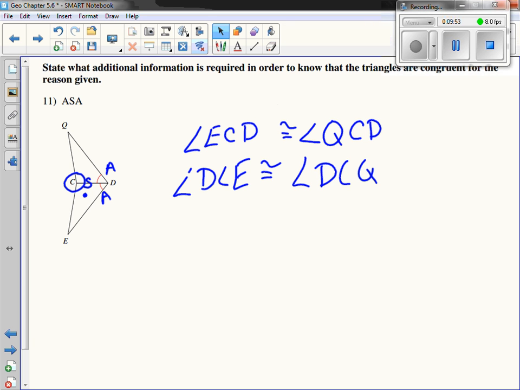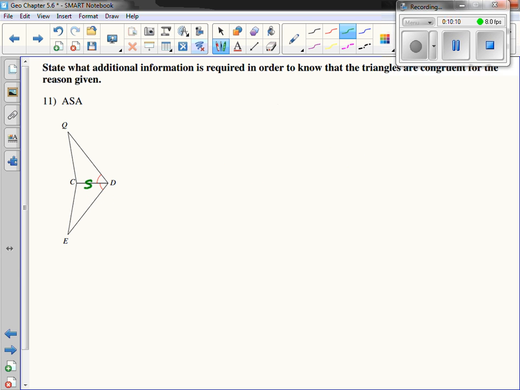Questions on this here? Why wouldn't I have said that angle Q and E would be congruent? Why do I not need that information? Why is saying that these two angles are congruent not work for this problem?